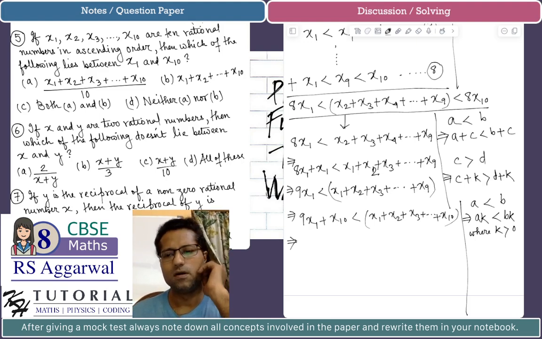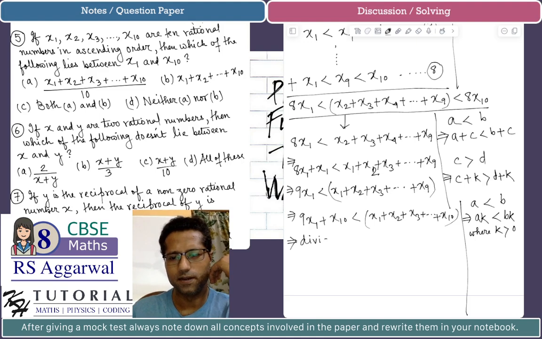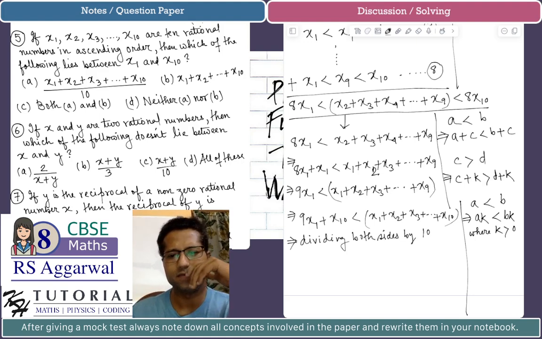So now, from this, if I divide both sides by 10, we get 9x1 plus x10 divided by 10 is less than x1 plus x2 plus x3 plus up to x10 divided by 10.